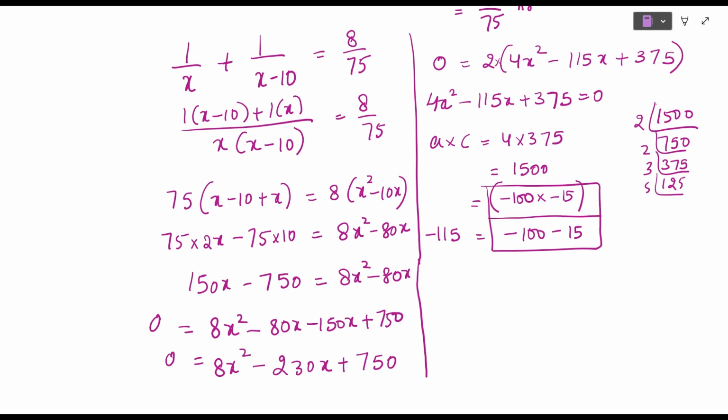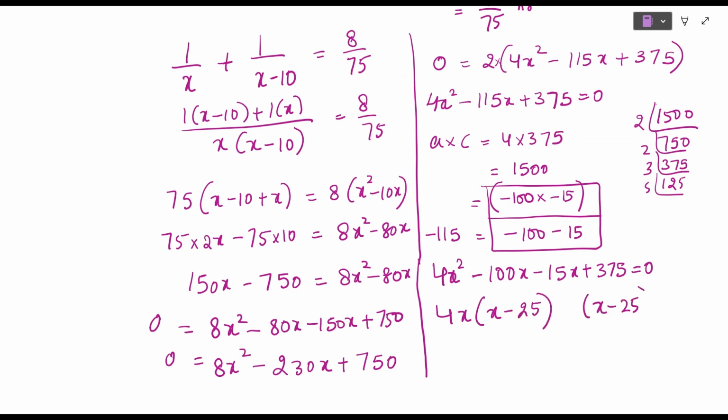Understood? Now solve this quickly. 4x² − 100x − 15x + 375 = 0. Take out common 4x into (x − 25). Here also (x − 25) equals 0. Here one number, one sign. So minus 15x is there, here plus x is there. So minus 15.